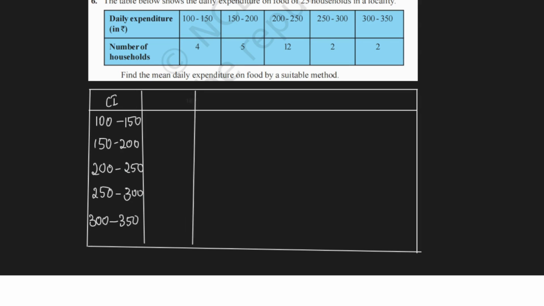The next column is for the fi, which are the frequencies, the number of households here. So let's write those values: 4, 5, 12, 2, and 2.